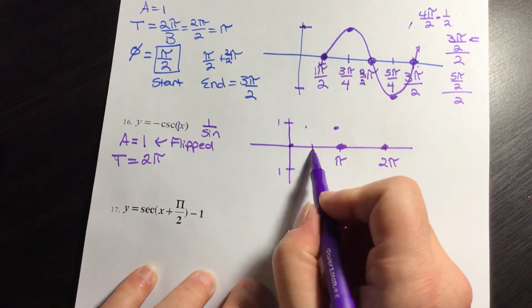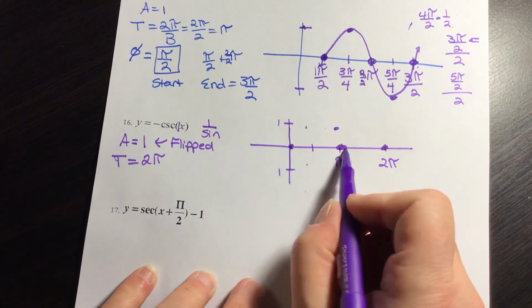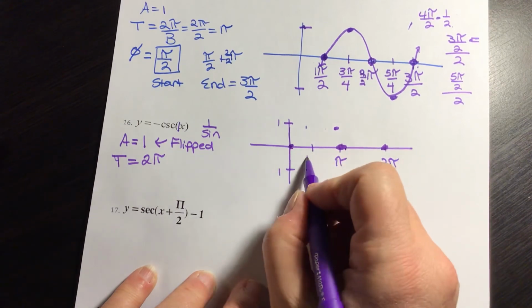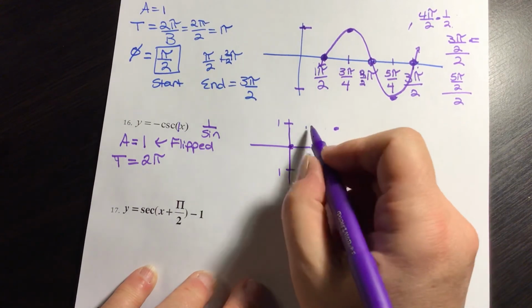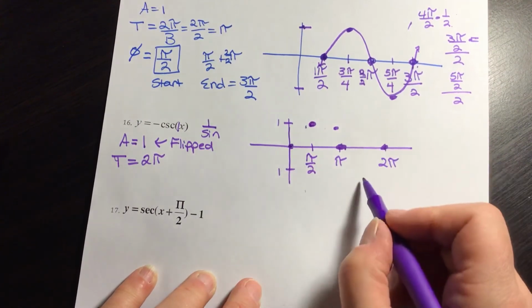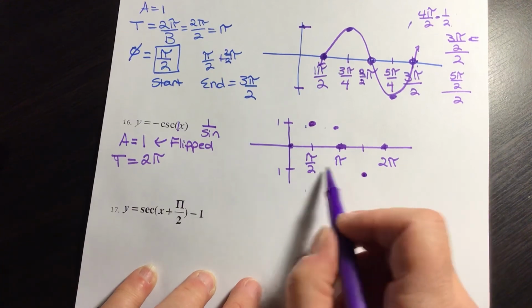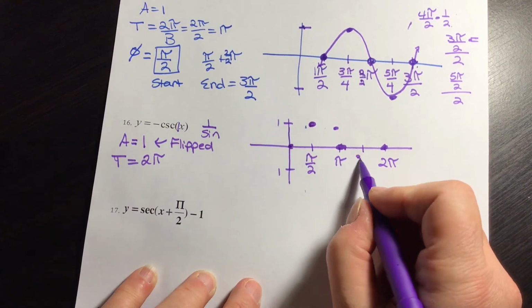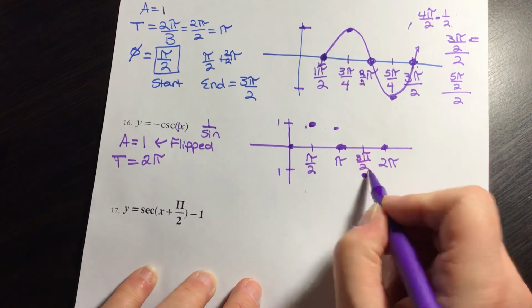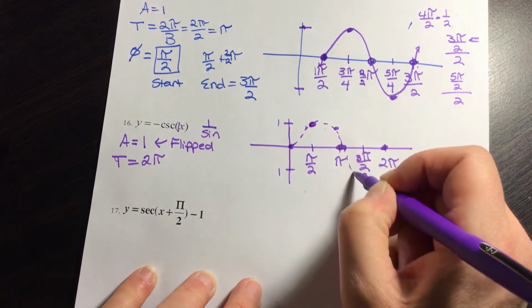And halfway in between your first point and the middle point is pi over 2, and that's going to be at your amplitude. And then negative is this one, and this would be 3 pi over 2. All right, so this would be my sine function.